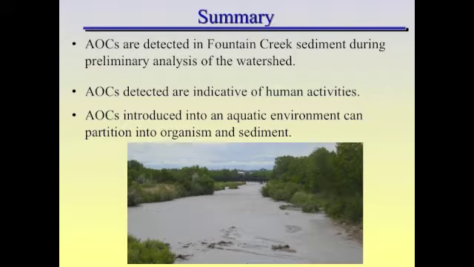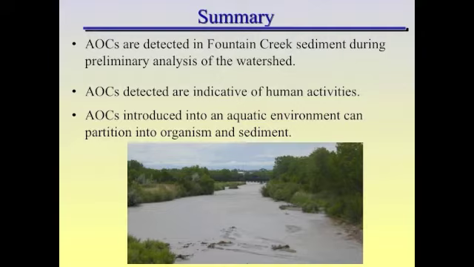We do see anthropogenic organic contaminants in Fountain Creek sediment. Not a huge surprise. We do have urban and wastewater inputs into that environment. So based on the state of science, we know that we're going to see some of these compounds present.